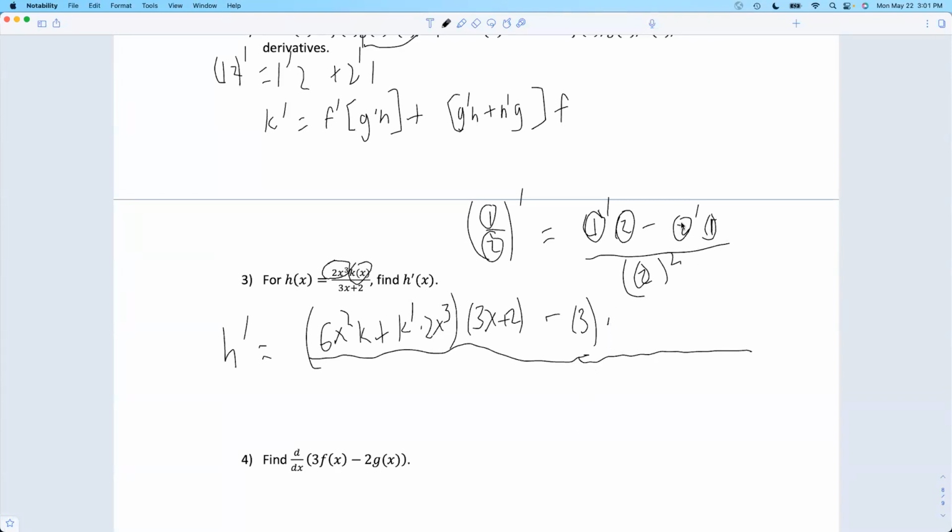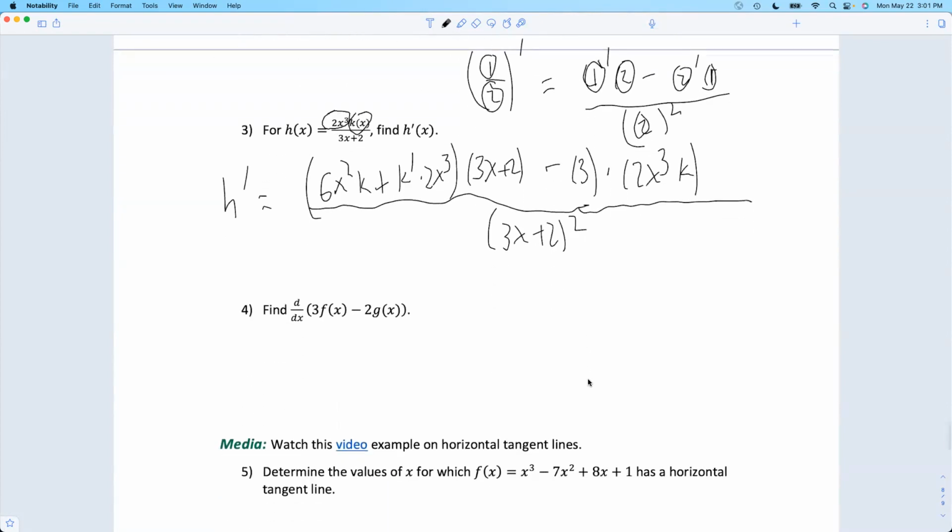Times, that's derivative of the bottom, times leave the top alone. All over the bottom in parentheses squared. That's a good place to stop.